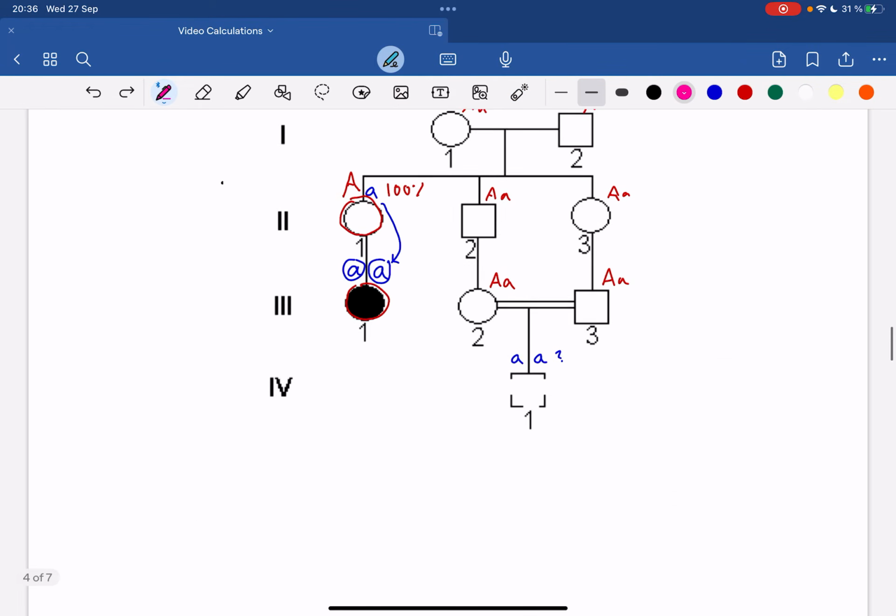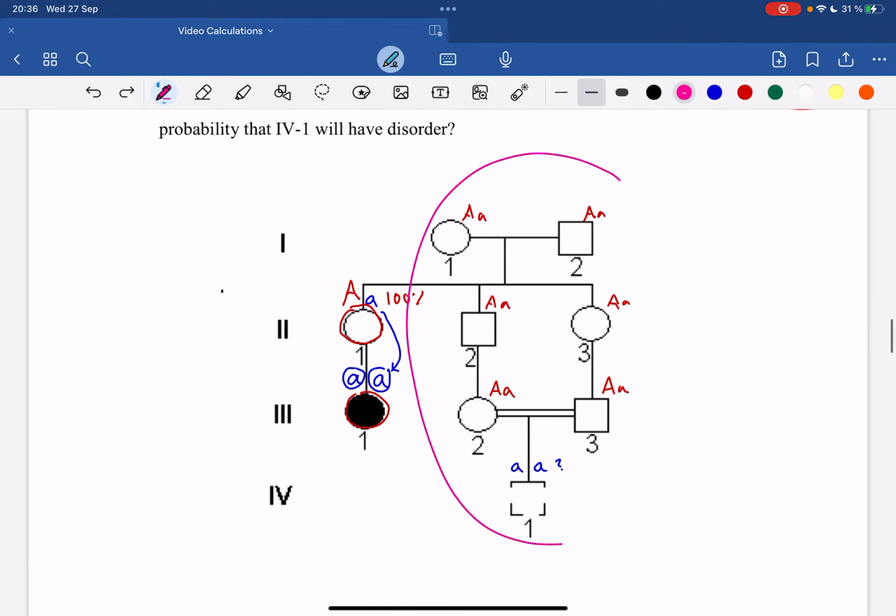Okay, so looking at this, there's no other way for us to calculate the heterozygous probability of these people. They don't really have any affected relatives except for this one, of course. And we know that she is for sure 100%.